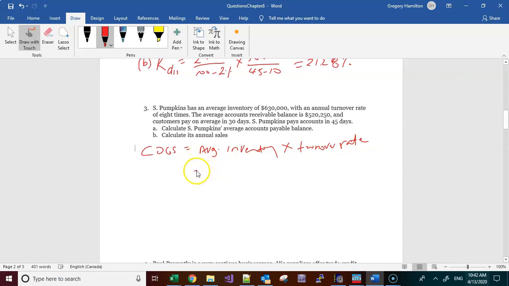The average inventory times turnover rate is equal to 630 times 8, equal to what? 5040,000. There you go. So that represents our cost of goods sold.